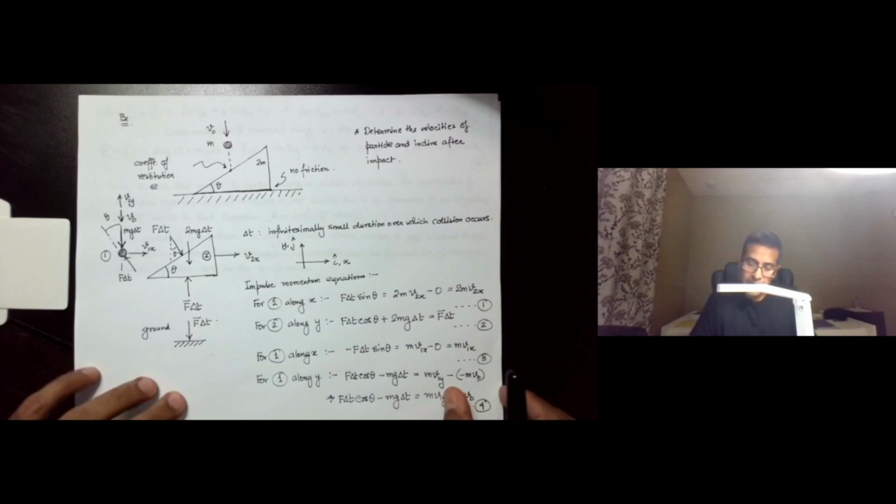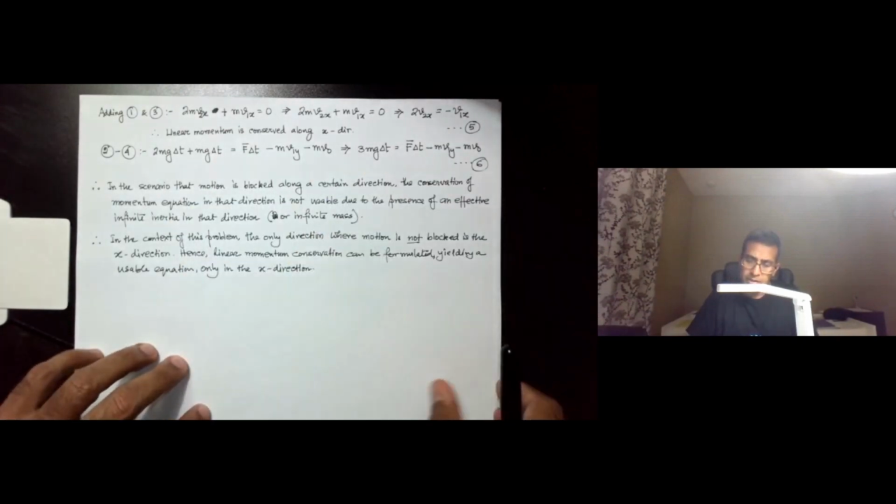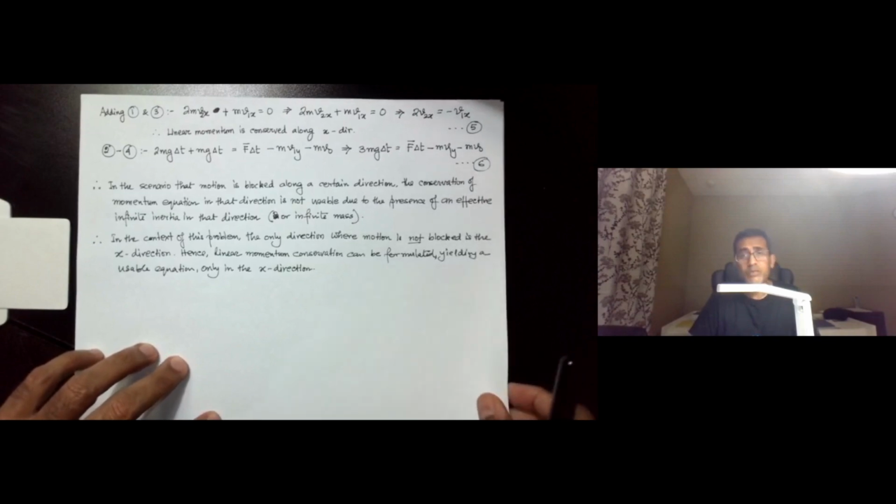For the particle, it can have velocities both in the horizontal and vertical direction, and we call them v1x and v1y. So essentially there are three unknowns that need to be solved in order to find the velocities after the impact, and so we need three equations, and the linear momentum conservation equation gives us one of those three equations. So we need two more equations.